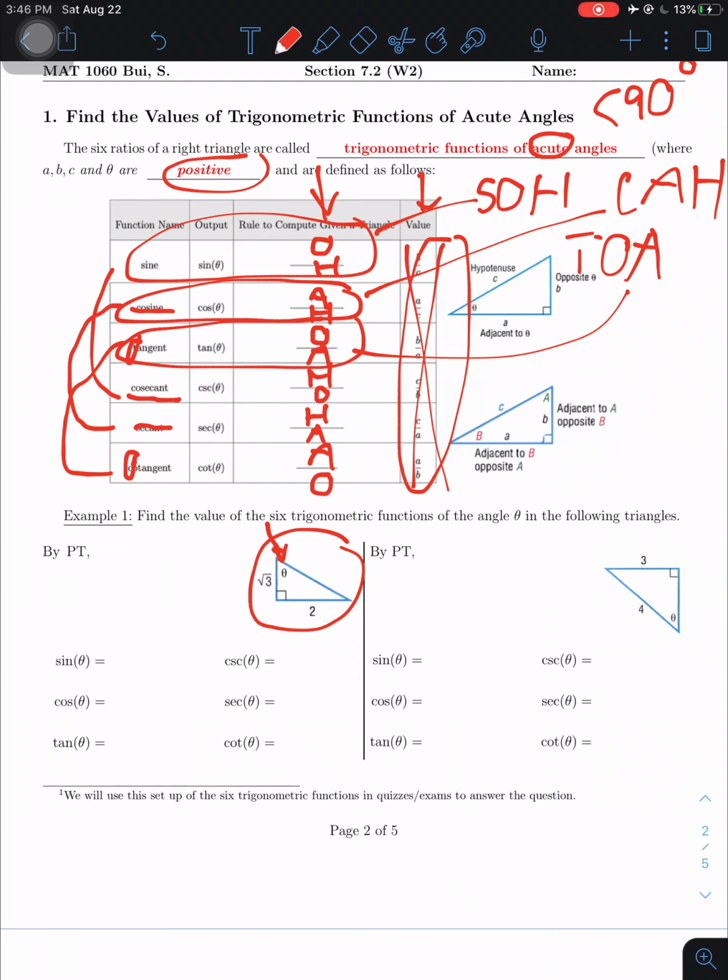Okay, now let's define hypotenuse, adjacent, and opposite in this triangle right here. Opposite to theta, let's draw an arrow to show which side is opposite to theta. If you draw this arrow like this, you will see right away that this side right here is opposite to theta, okay?